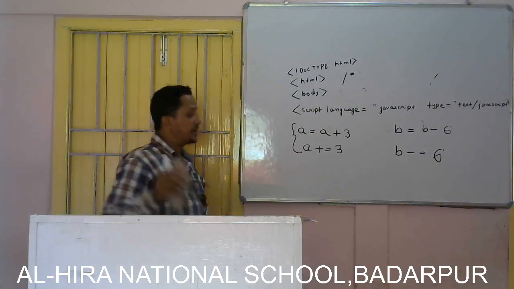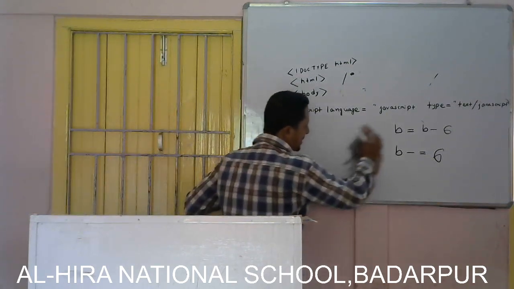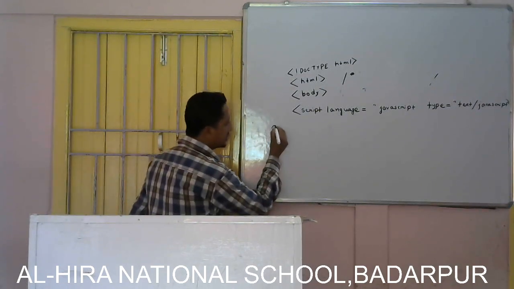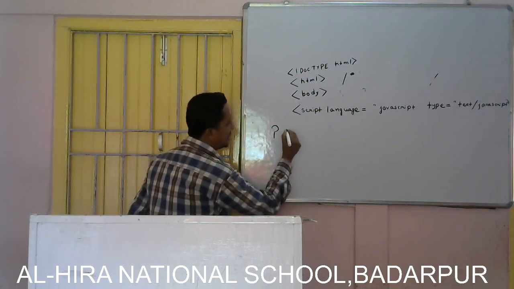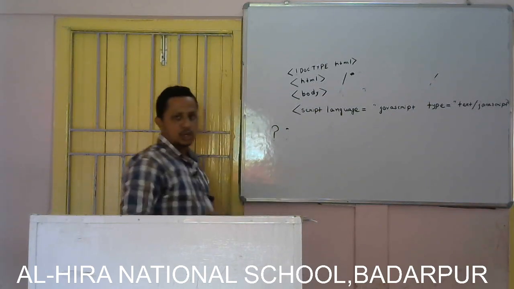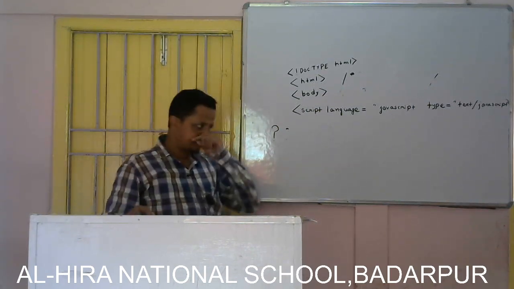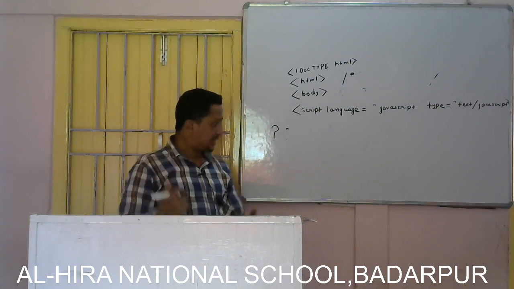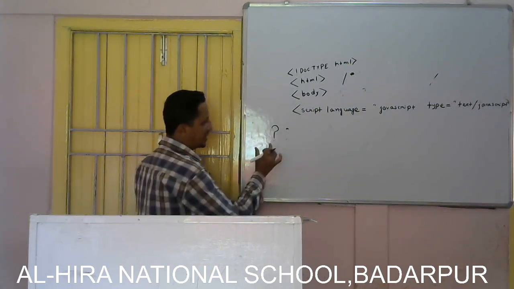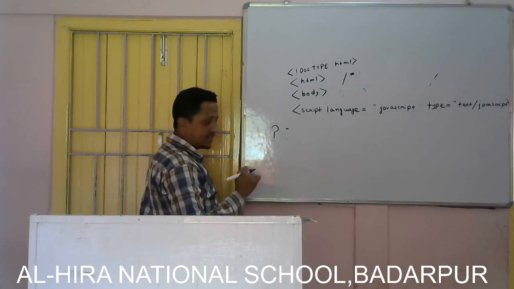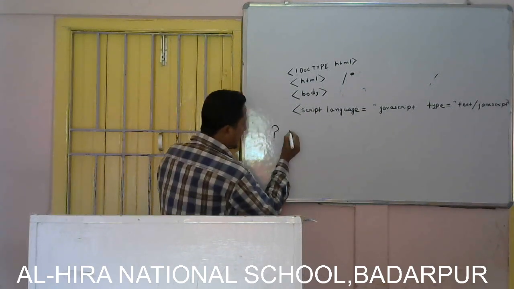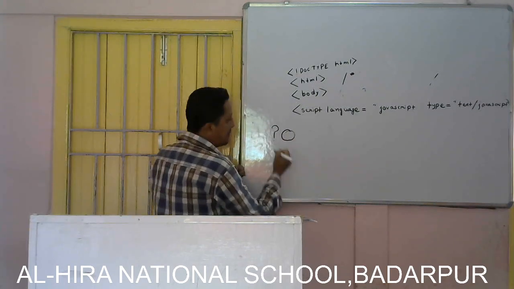Then we have the conditional operator. Now what is the conditional operator? It is represented by question mark and colon. We will have a condition before that. If the condition is true, the value after the question mark comes.